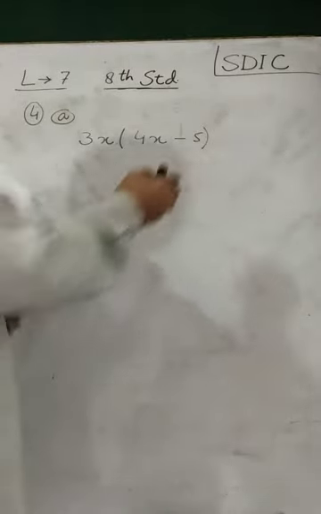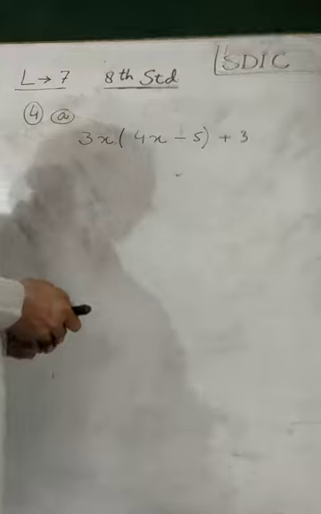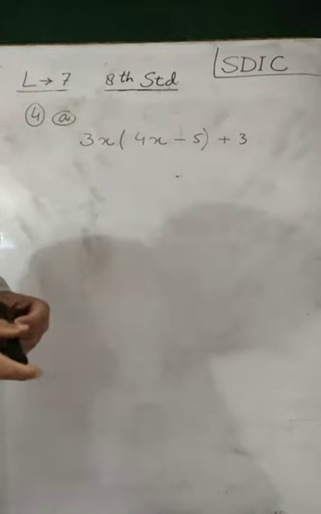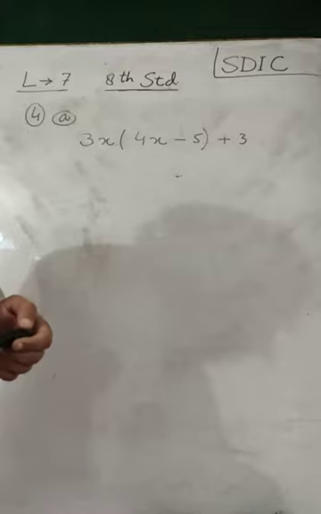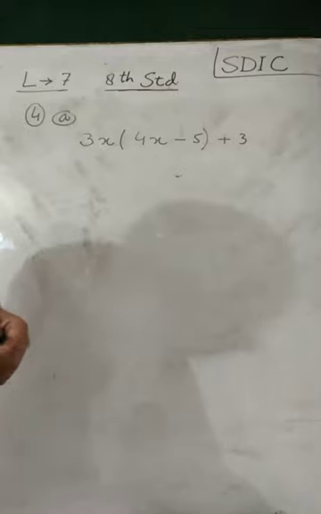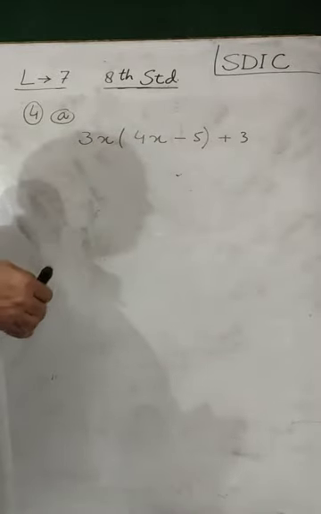Then there is a separate term plus 3 also. We have to simplify this. After simplifying, we are also asked to find the values for x equal to 3 and x equal to 1 by 2. Well, that we'll do later. First, let us see how we simplify this.